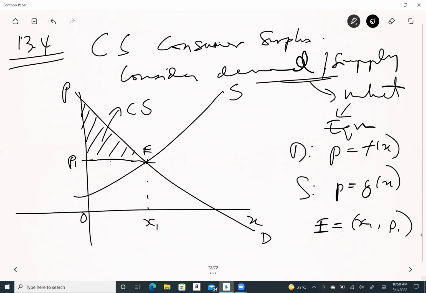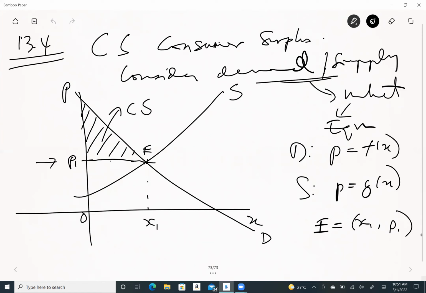So in terms of area between curves, what area are we talking about? We're talking about the difference between the area under D, the demand function, and the area under what? Area under P1. From where to where? From 0 to X1. You got it? We know, because we got it earlier.